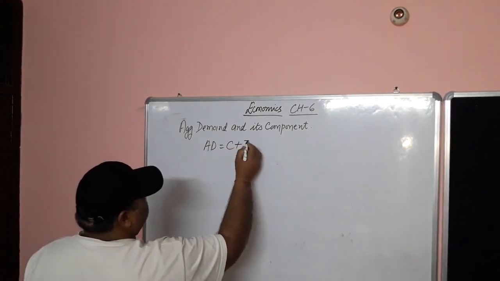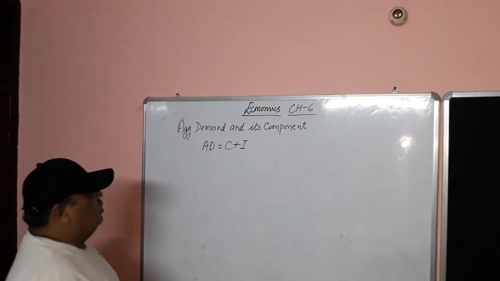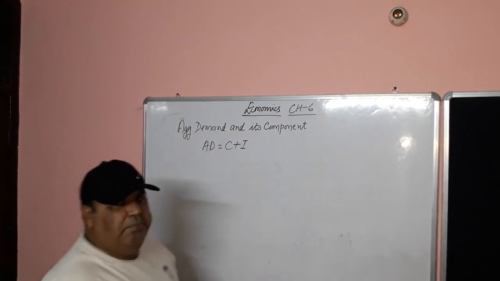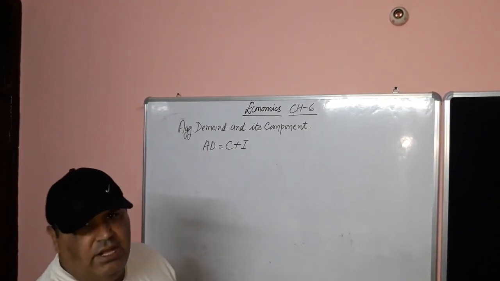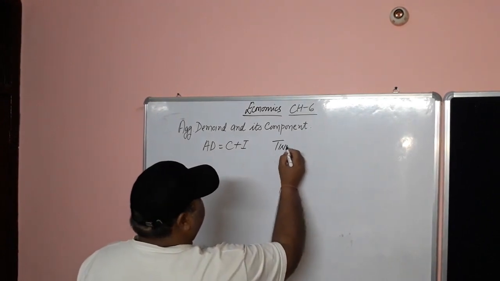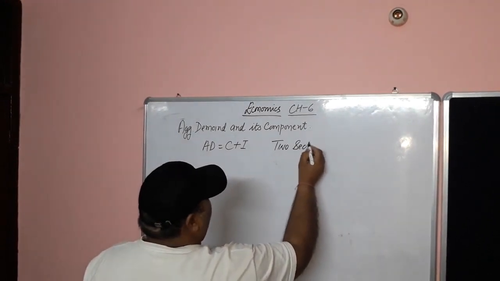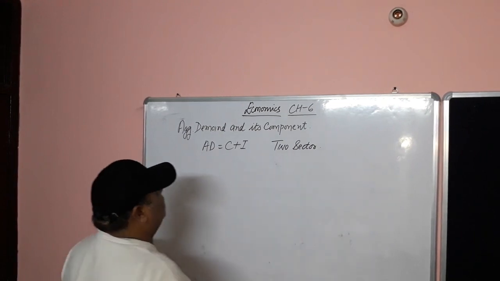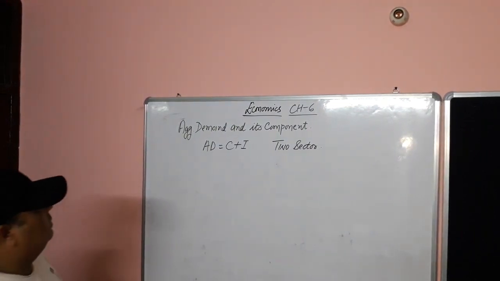consumption plus investment. So mainly a 4 sector economy is there. In a 2 sector economy, aggregate demand is the addition of consumption and investment.